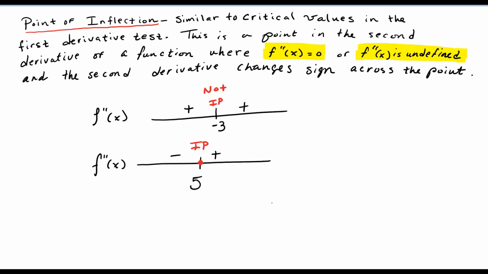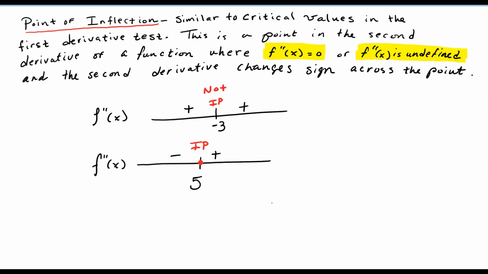So an inflection point is a point of a function where the second derivative equals 0, or the second derivative is undefined. It does not exist. And where would that be? Well, there might be a hole in the graph where it's not differentiable, an asymptote, for example, as well as a cusp or a corner, and also a vertical tangent.